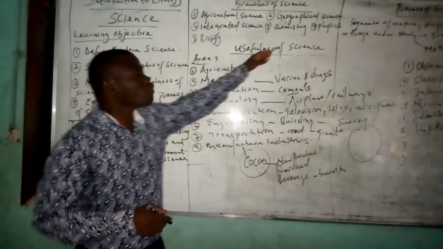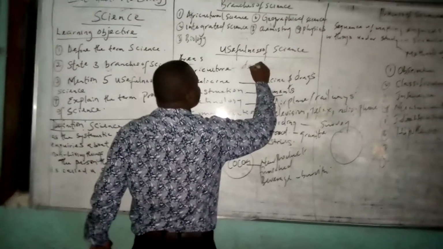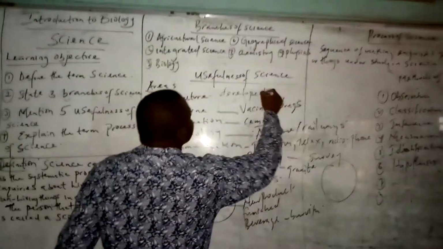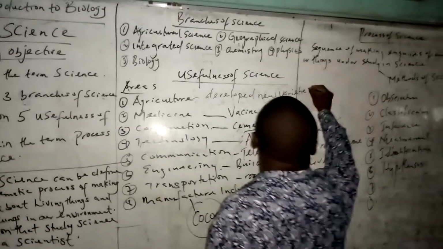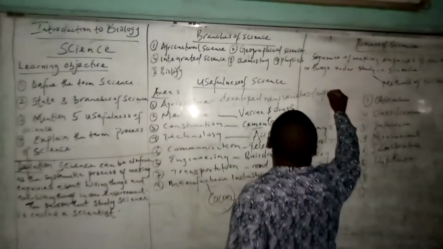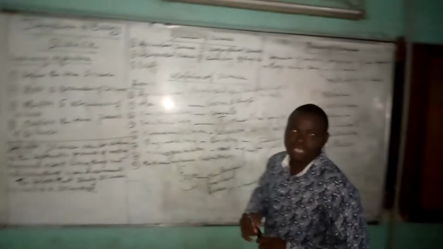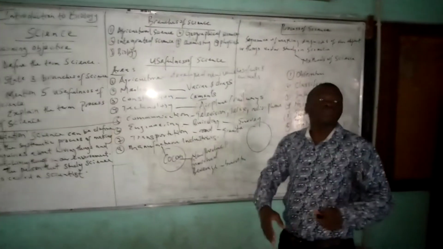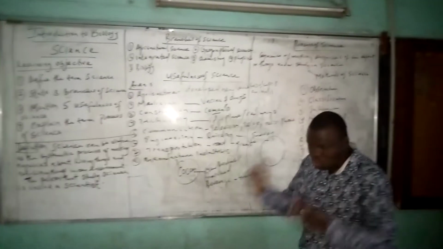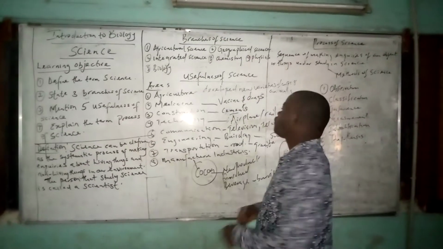But because of the knowledge of science, they have been able to develop new varieties of crops and animals, and disease-resistant crops and animals that they can use, so that they can increase their production and improve the standard of living.